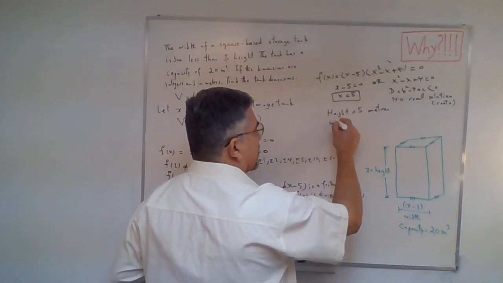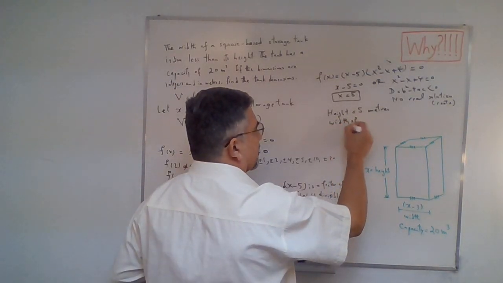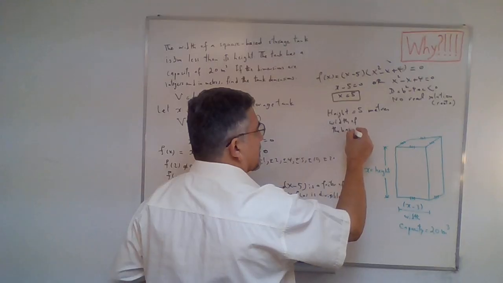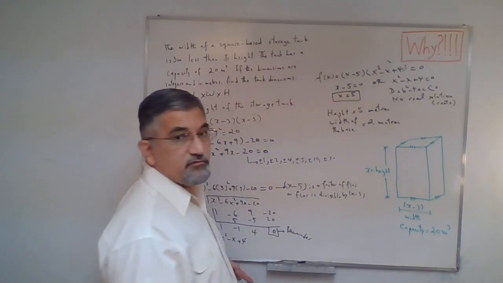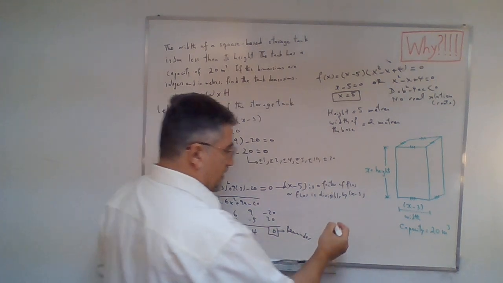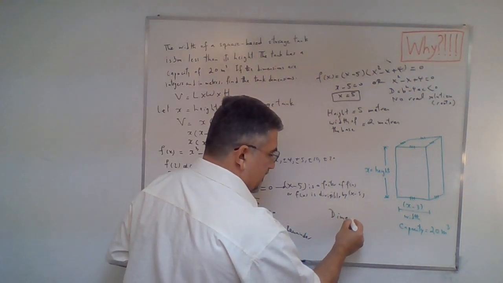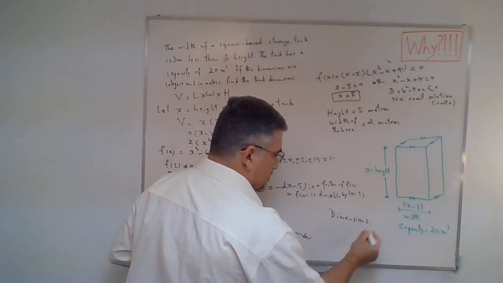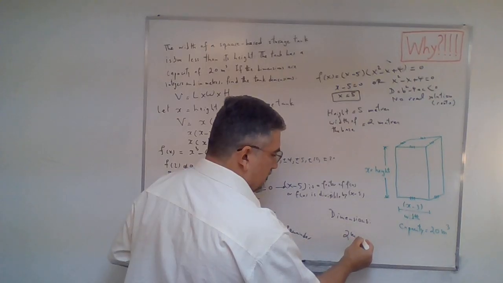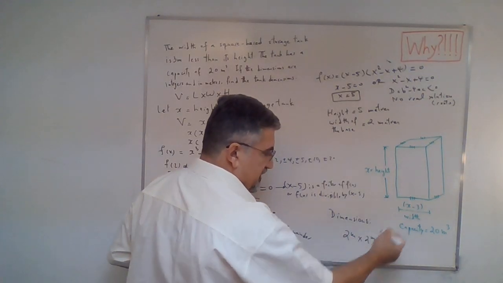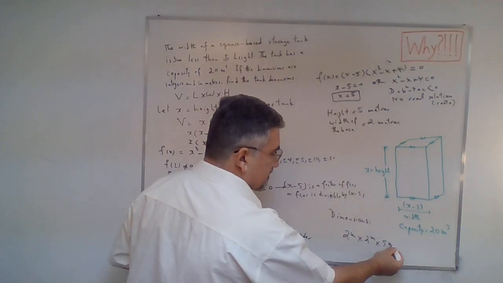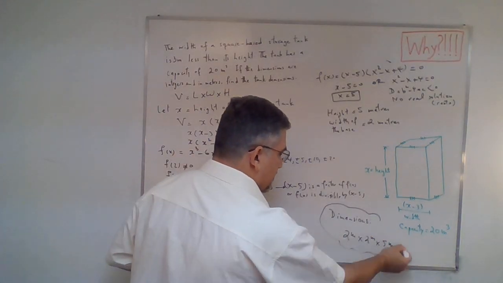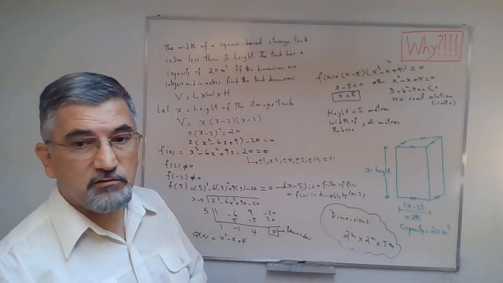So the width of the base is 2 meters. Therefore, the dimensions of the tank is going to be 2 meters by 2 meters, that's the base, by 5 meters, which is the height. So that becomes the final answer to the question.